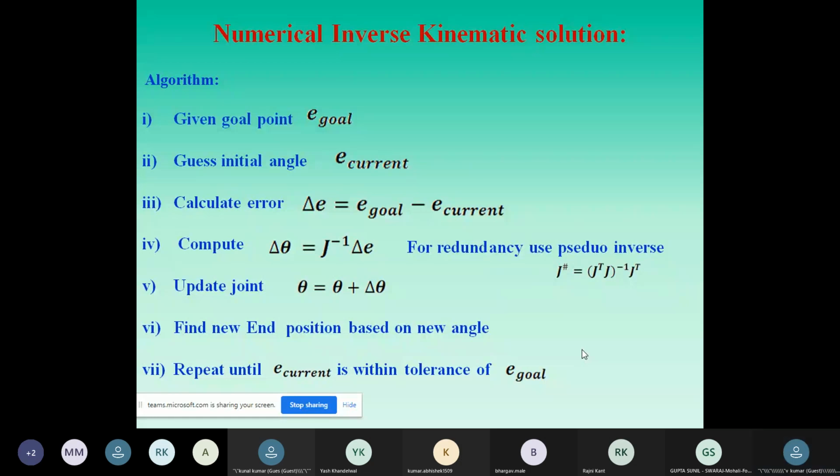Hello? A singularity configuration is a configuration where one joint movement is locked. In that position, it is called a singularity configuration.